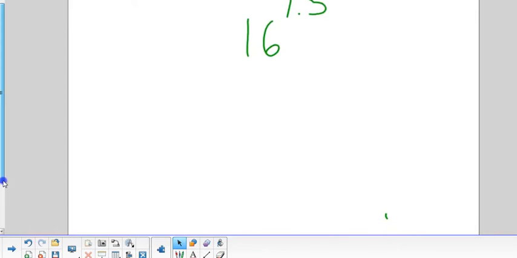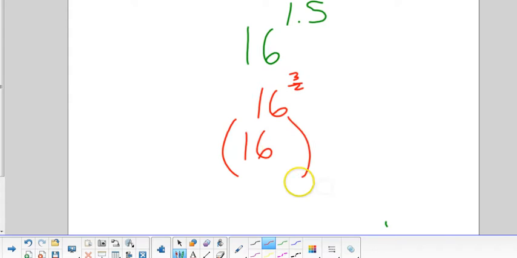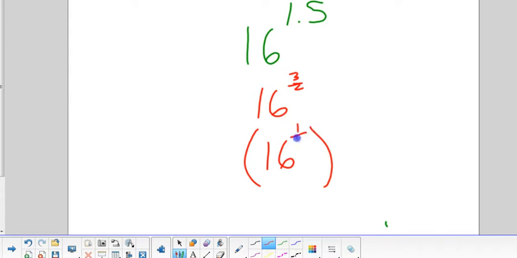not 1? Or something trickier like this, 16 to the 1.5 power. Well, I would probably change this to 16 to the 3/2. And then what this is going to mean is I'm going to take 16 to the 1/2 to the 3rd.